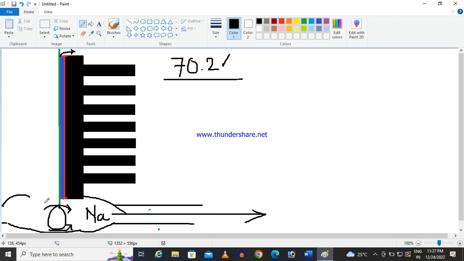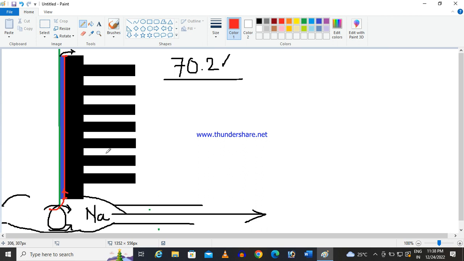Because due to line pressure, the sodium will start to travel like this, and due to this fin assembly, which is a kind of extended surface heat transfer, we are increasing the surface area.